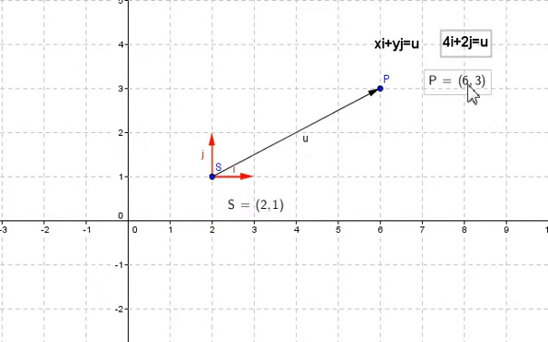You can notice that 4 is the result of subtracting 2 from 6. And 2, the second coordinate of vector u, is the result of subtracting 1 from 3.